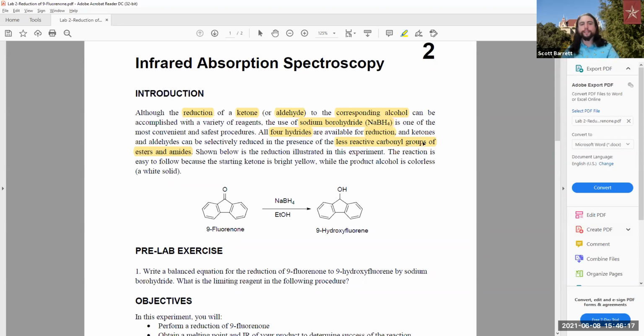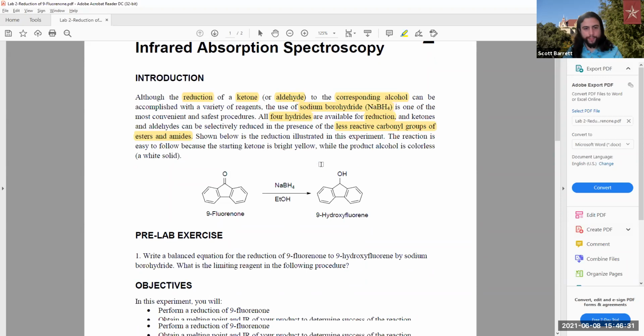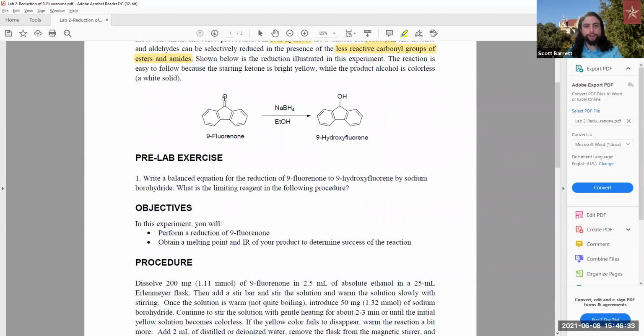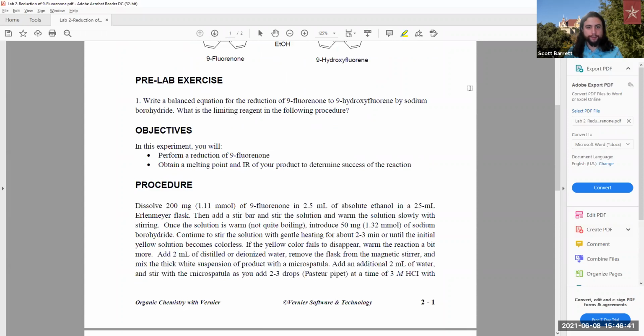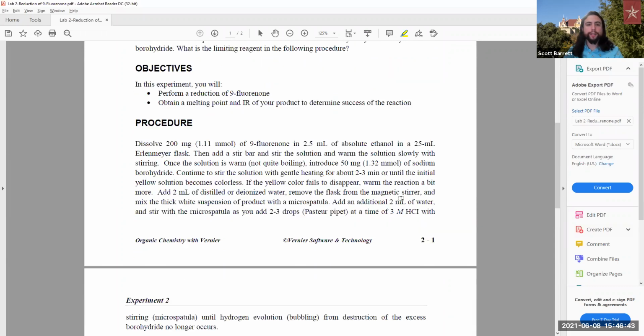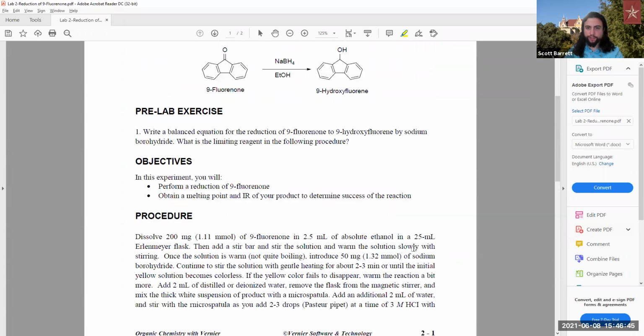But the take-home message today is that we will be utilizing sodium borohydride in ethanol in order to reduce a ketone or aldehyde to a primary alcohol, or in this case, a secondary alcohol. So make sure to remember that ketones or aldehydes can be reduced by sodium borohydride in order to create alcohols.